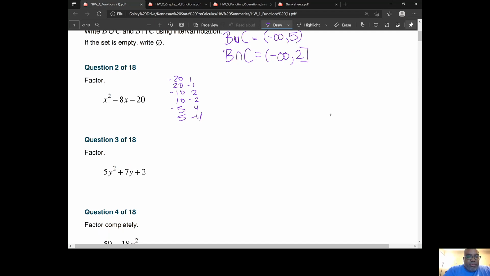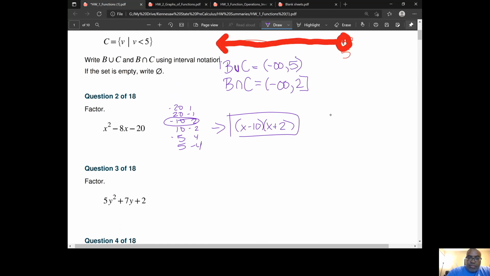So which of these two numbers add to equal negative 8? That would be these guys. So that means that my factors would be x minus 10 and x plus 2. That would be my answer. Actually, put a box around those two.